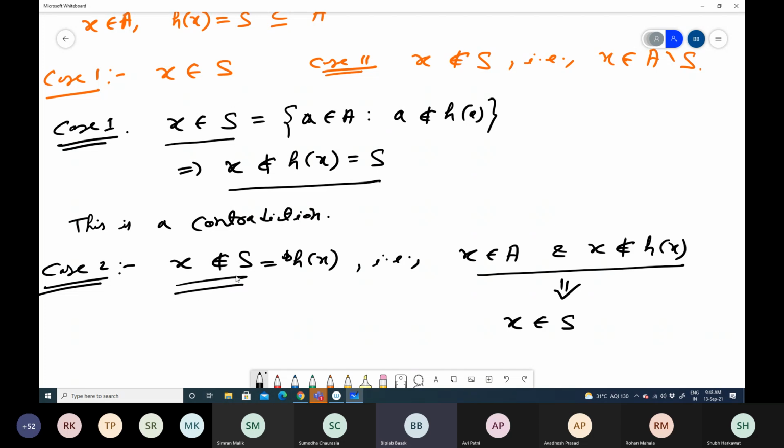We assumed x not in S and we get x in S.